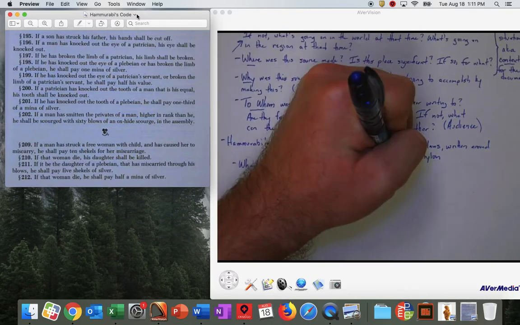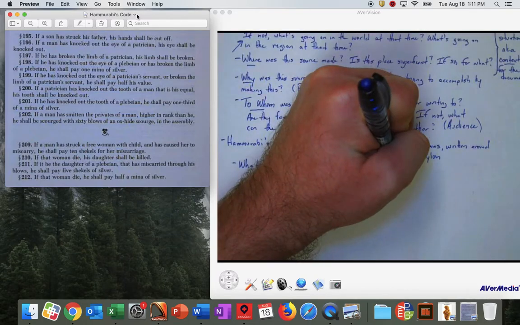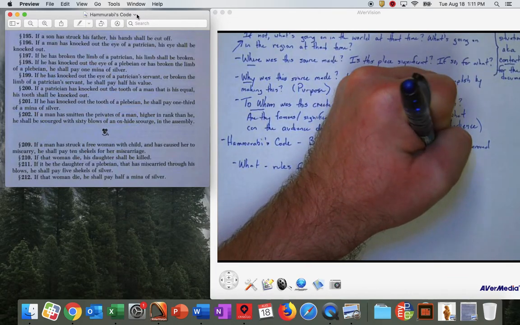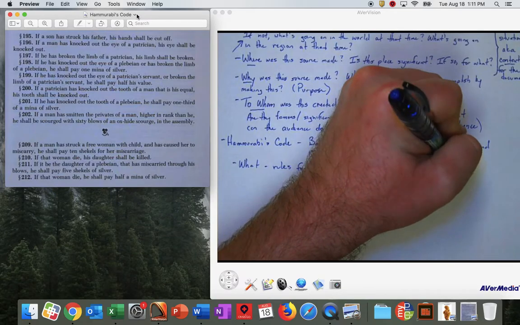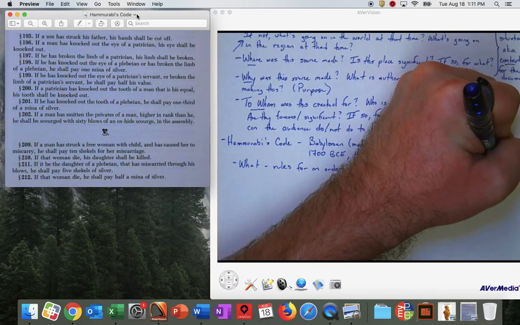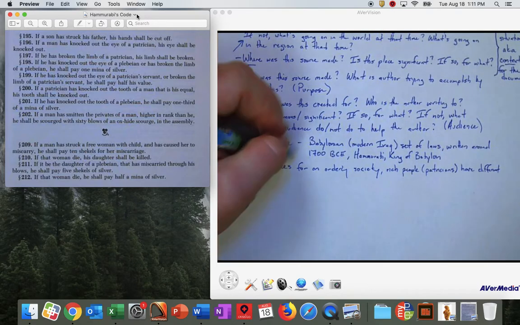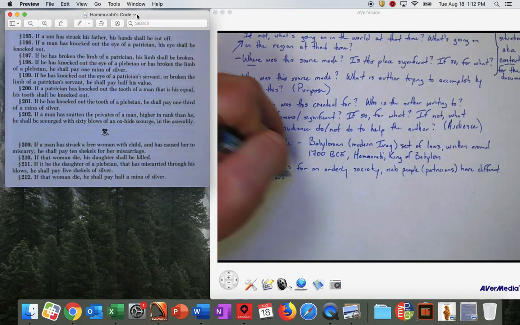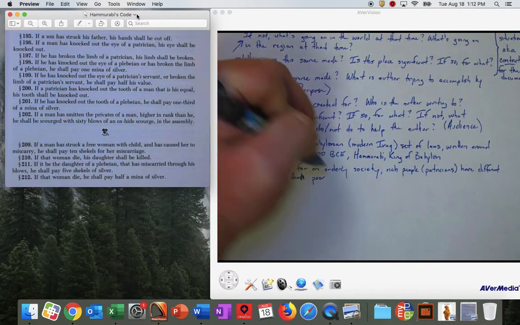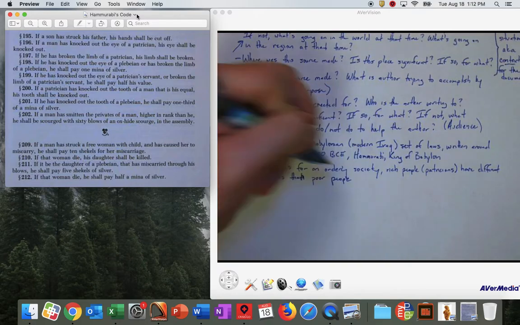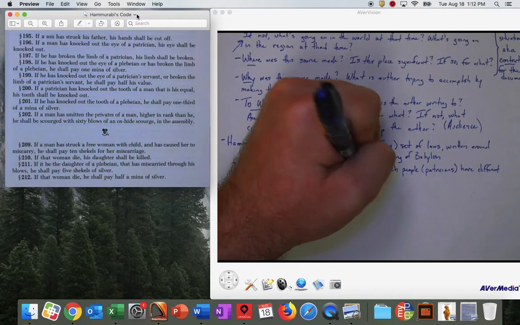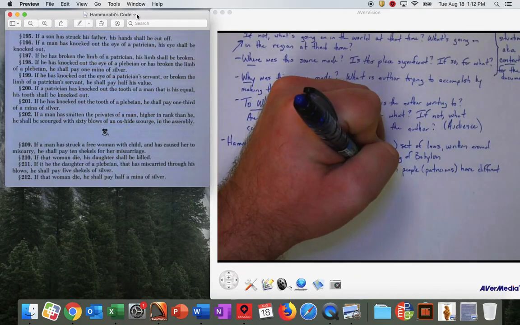And so we see that rich people, who here are known as patricians, have different laws than poor people, who are known as plebeians.